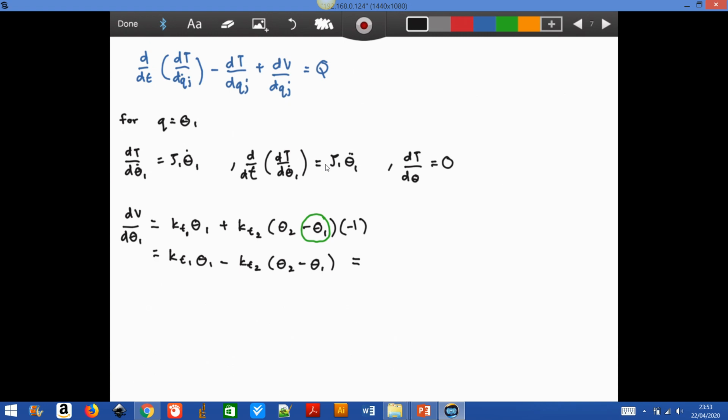Okay, and then we can also write it as kt1 theta 1 plus kt2 theta 1 minus kt2 theta 2, and we factorize this, we will get (kt1 plus kt2) theta 1 minus kt2 theta 2.